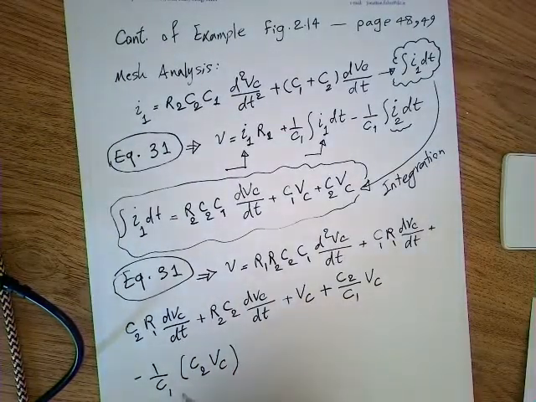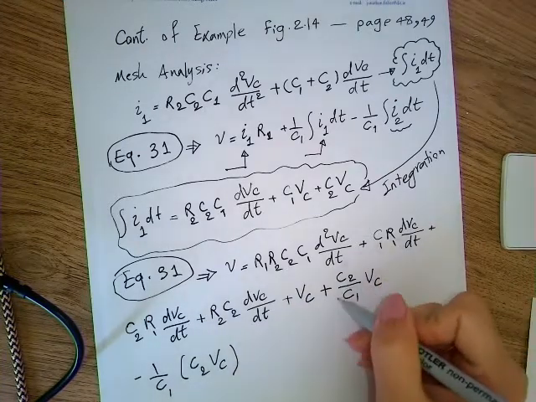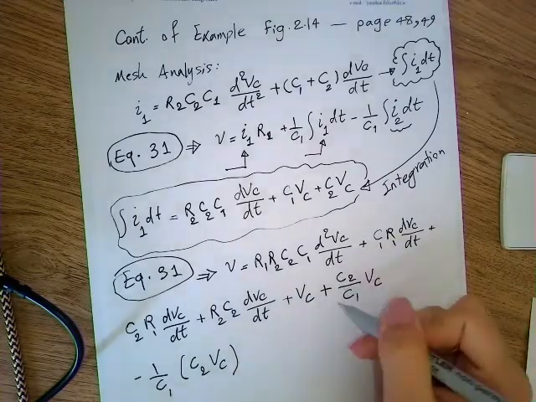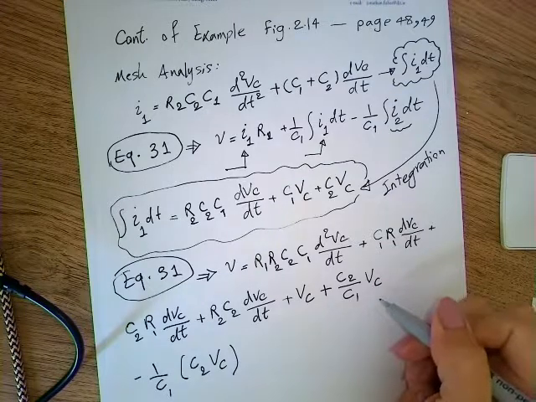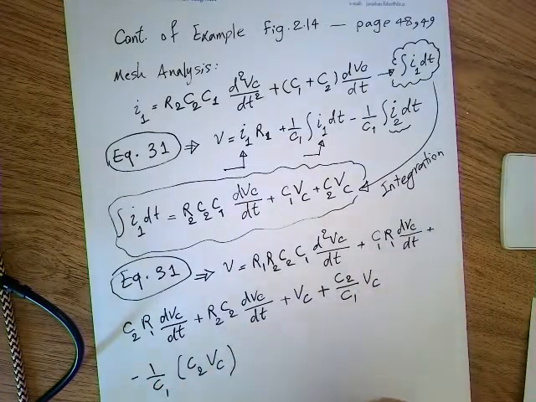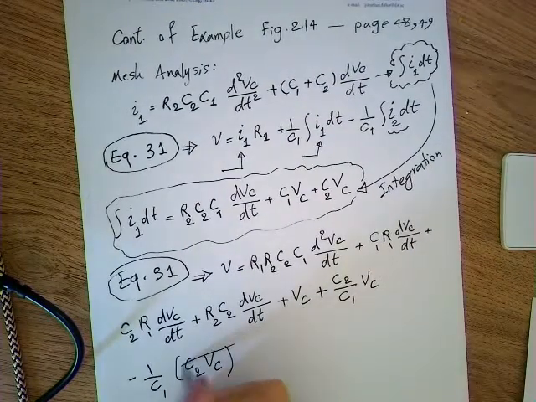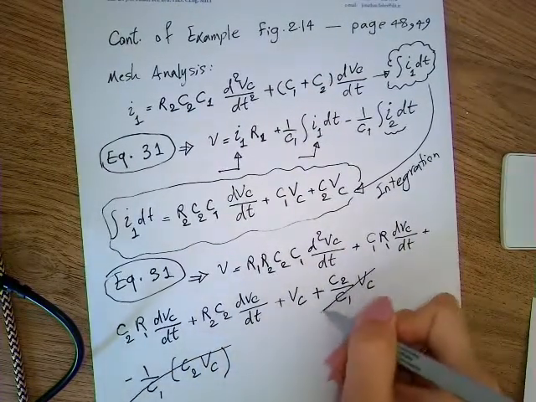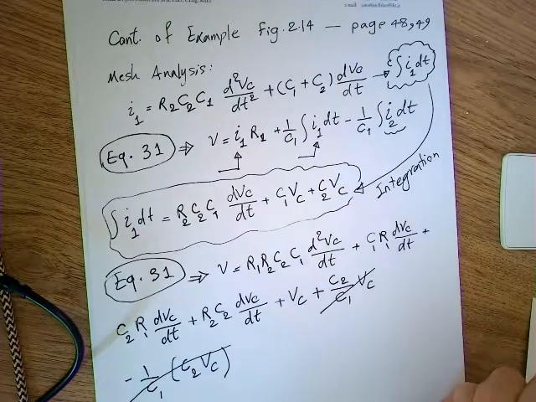This one here will be cancelled out with this one here, because they are exactly the same and just opposite signs. So I'm going to put a cross here, a cross here. That means that they cancel each other.